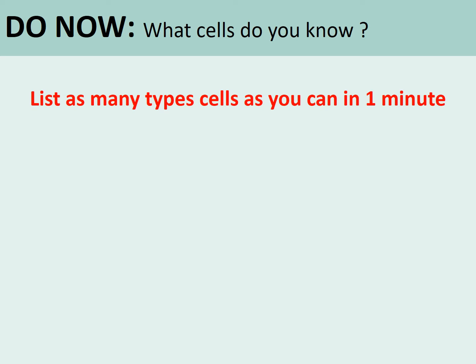Okay, so I don't know if you were struggling with that. It all depends on how much you can remember from year 7. But ones that come up in year 7 you might have got on your list, and this isn't all of the answers, just some of the more obvious ones. You've got things like red blood cells, white blood cells, root hair cells, which are in plants.